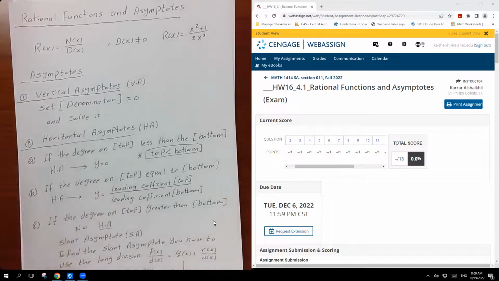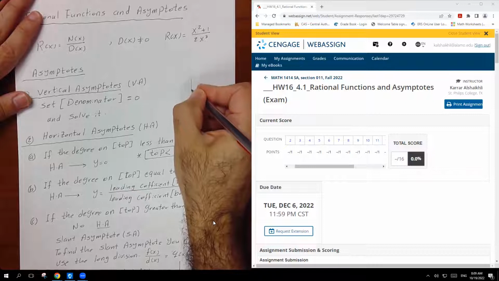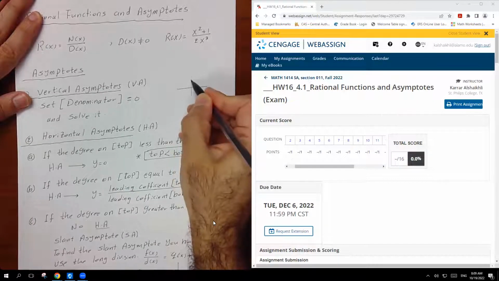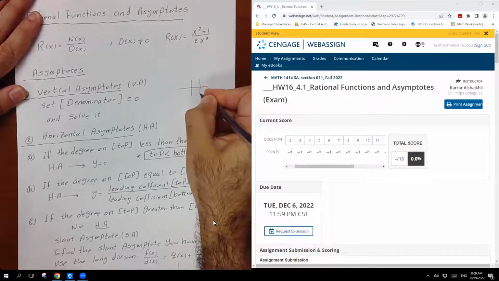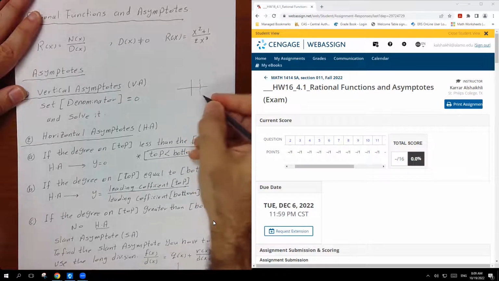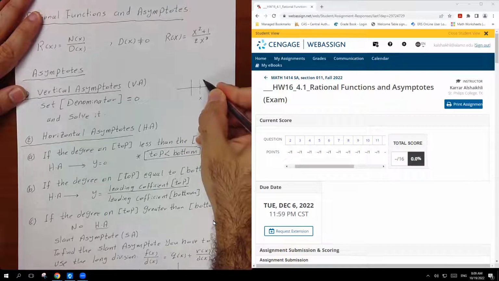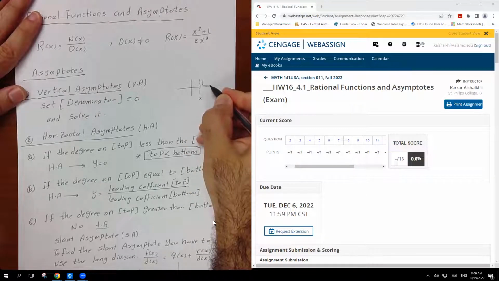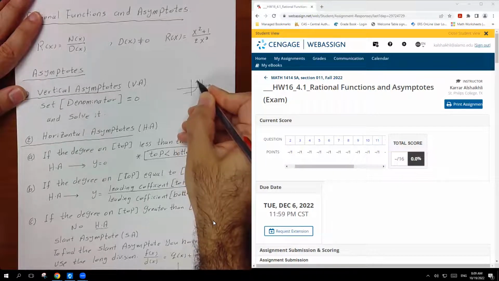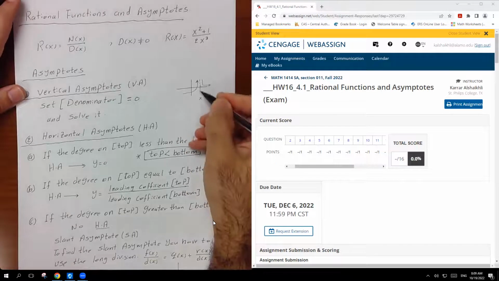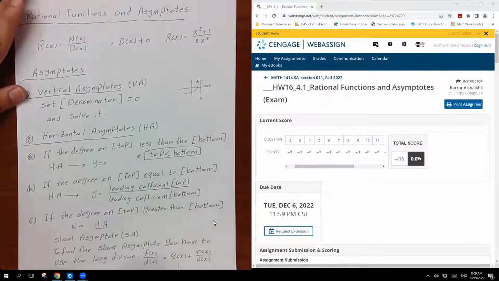When you graph it, for example, if you have an asymptote at this point, the function is never going to cross it. It's going to be like this, or like this, or the opposite, never crossing this vertical dashed line. So this is a vertical asymptote.